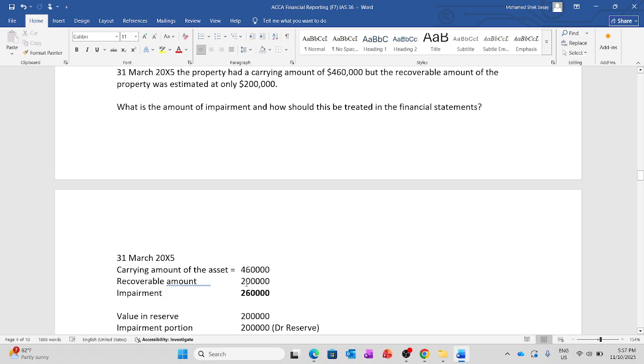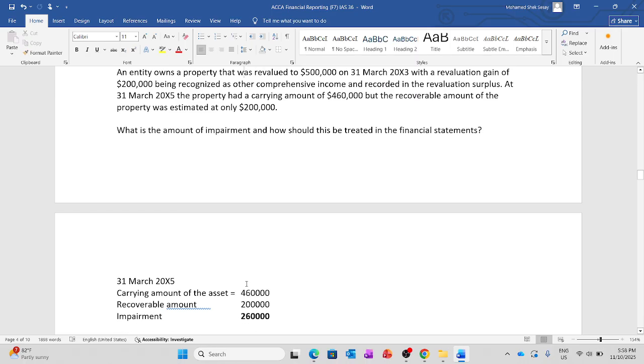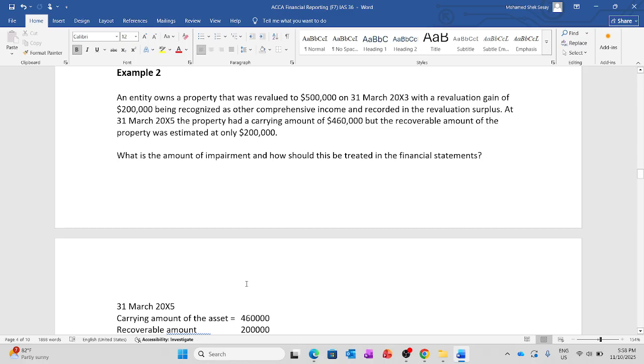According to IAS 36, it clearly and explicitly states that when there is an amount seated in the revaluation reserve, we need to offset the impairment loss first against the revaluation reserve. Then if there is any remaining impairment, we are going to show it as an expense.